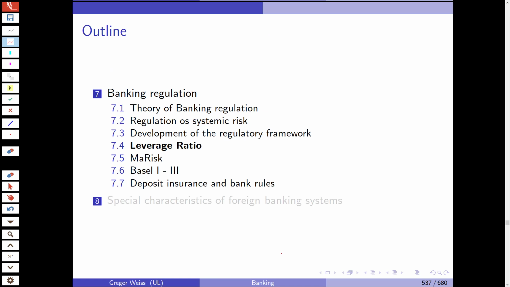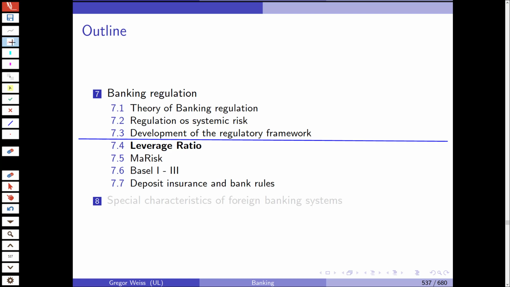Okay. Now, I know we only have about 150 slides left to cover, and because this is the last lecture before Christmas, I would say we can stop here for today before we start with the leverage ratio and then Basel 1, 2, 3, because this is a lot to digest.